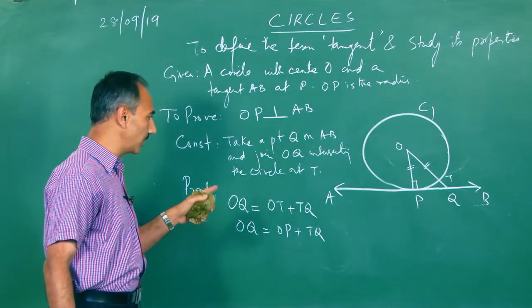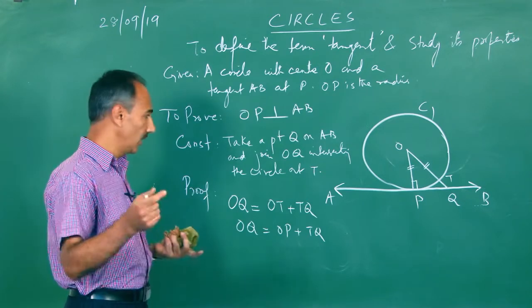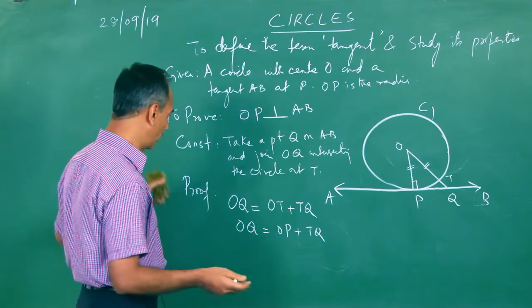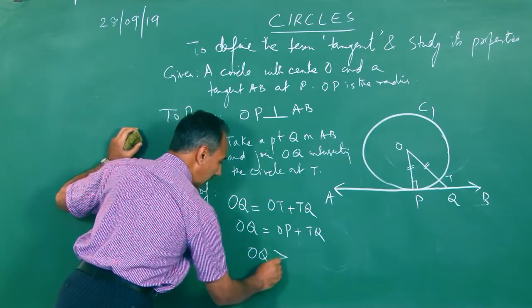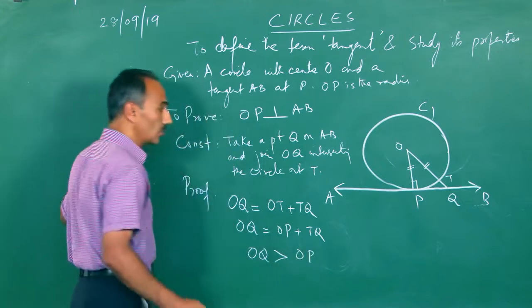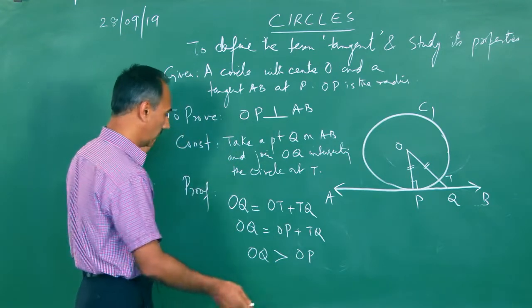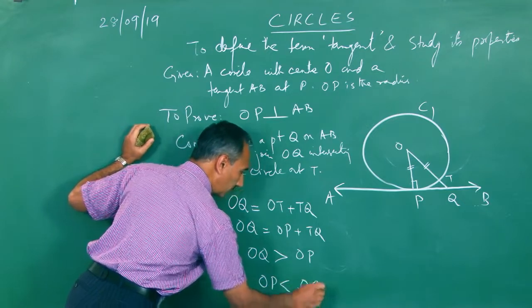OQ is OP plus TQ, so OP is a part of OQ. The whole is greater than the part, as per Euclid. So OQ is greater than OP, or in other terms, OP is less than OQ.